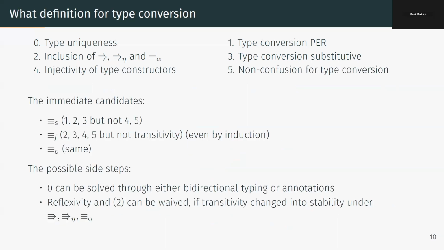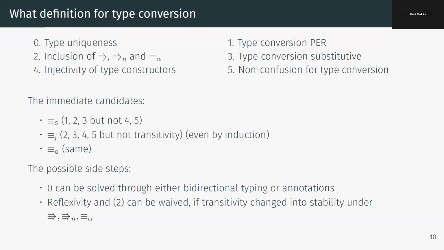Okay, so now we have a list. Let's see if we can find candidates for the type conversion which satisfy all of the requirements. So the first candidate will be the specification, and it will fit for 1, 2, and 3, but 4 and 5, so injectivity and non-confusion, are not easily proved for the specification, since the transitivity rule can just hide everything, and it's not possible.